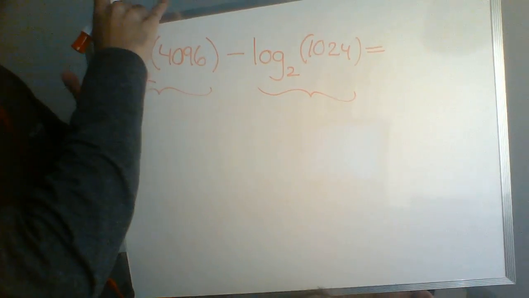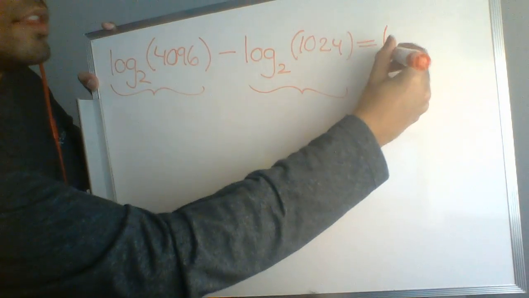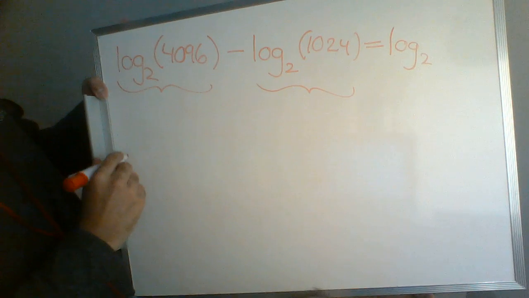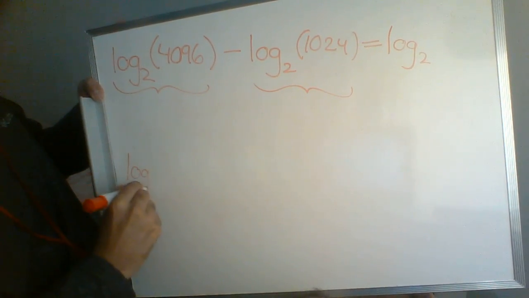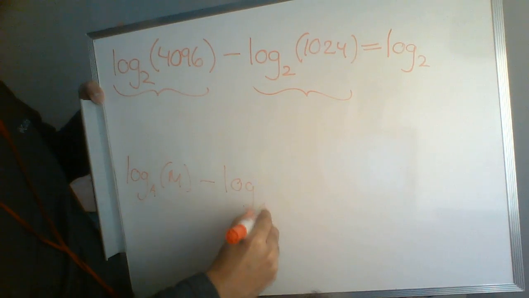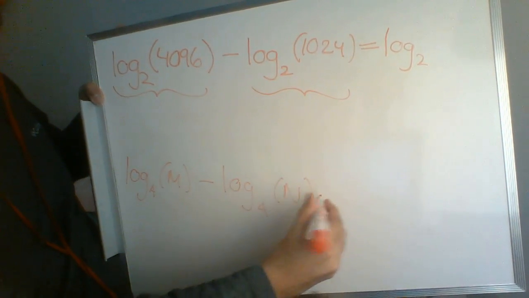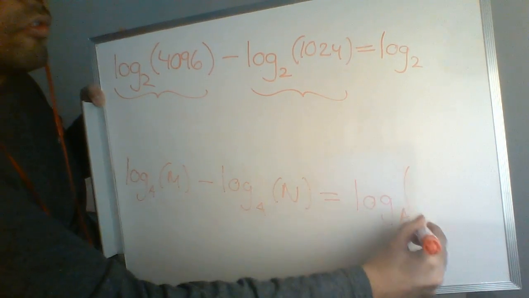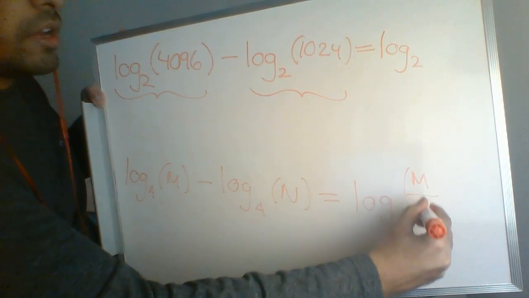And that would work, but you could rewrite this using our logarithm rule for division. Remember that log base a of m minus log base a of n is the same thing as log base a of m over n.